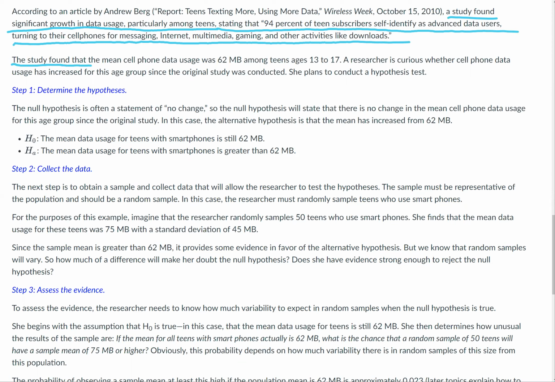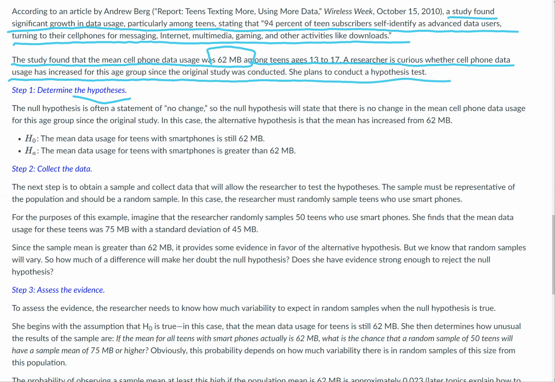The study found that the mean cell phone usage data was 62 megabytes among teens aged 13 to 17. The researcher is curious whether cell phone data usage has increased for this age group since the original study was conducted. She plans to conduct a hypothesis test.